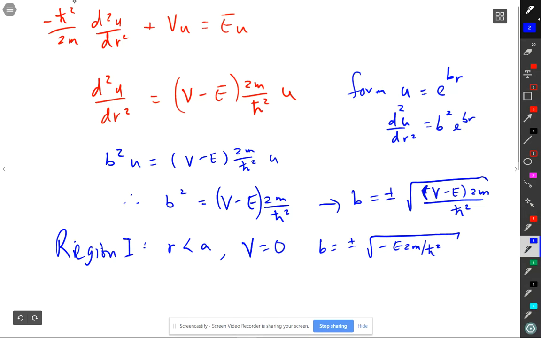Since E has to be positive here, this is going to be imaginary. So define k as the square root of 2mE over h bar squared, and have b equal to plus or minus ik.